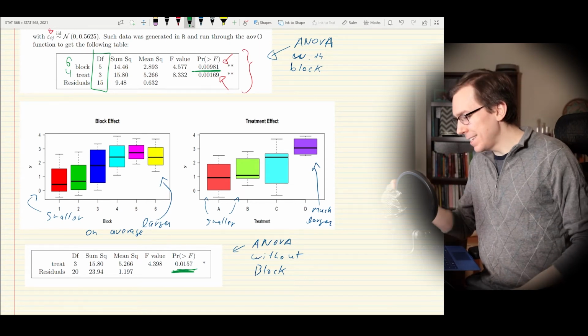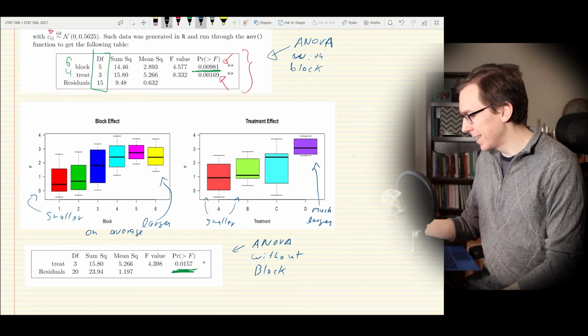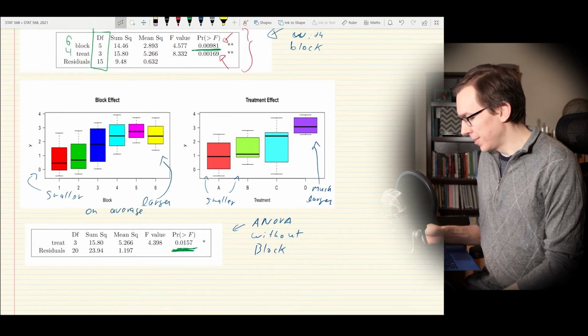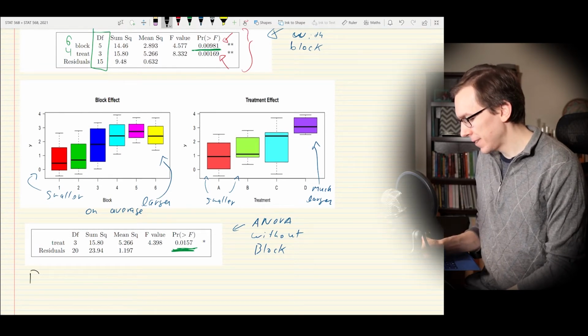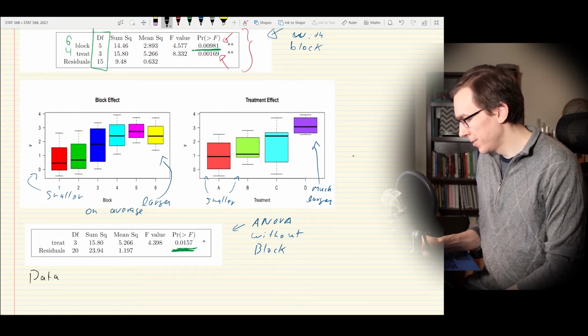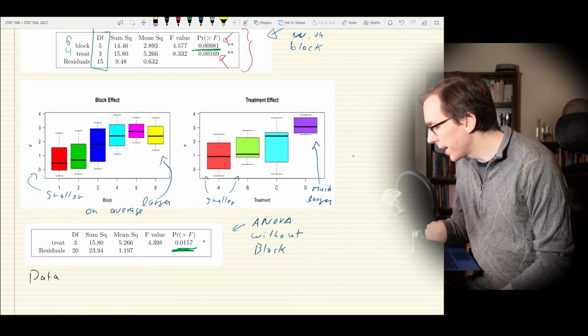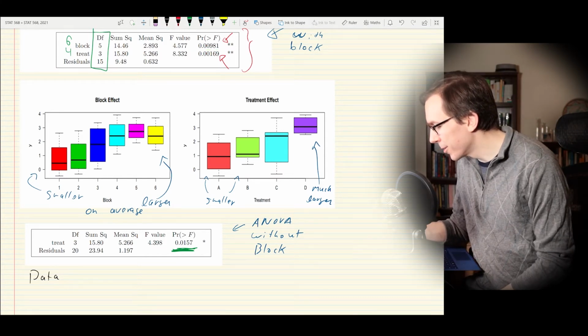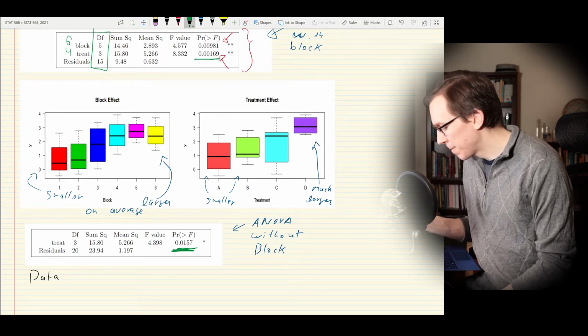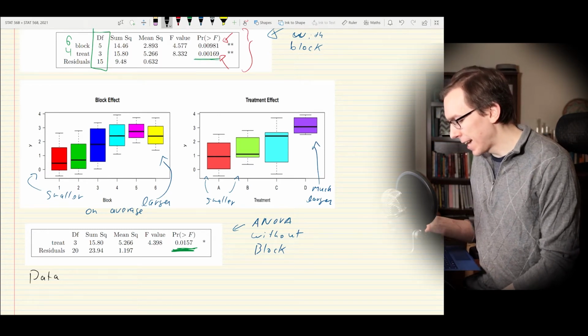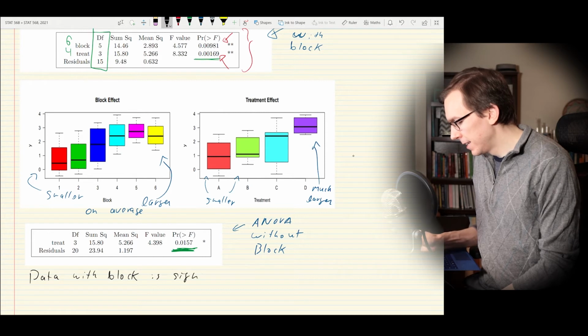But at least in this case, we could claim that, let's say the data, did I get the right? Oh no, I underlined the block factor. Sorry, I underlined the wrong one up here. I was supposed to underline this one. So what we can say here is that the data with the block is significant.